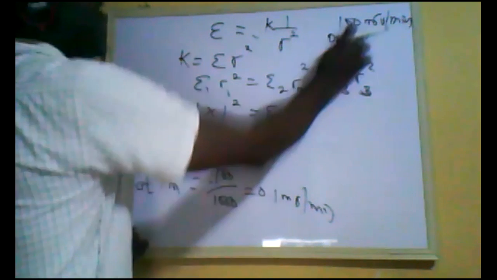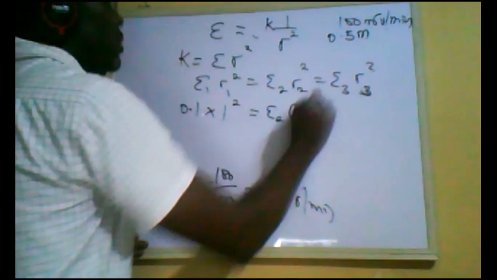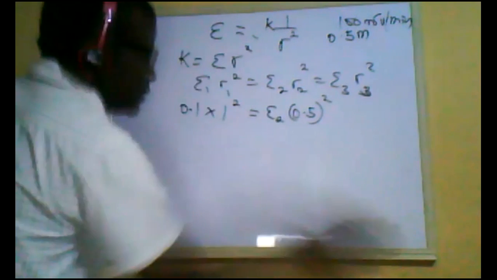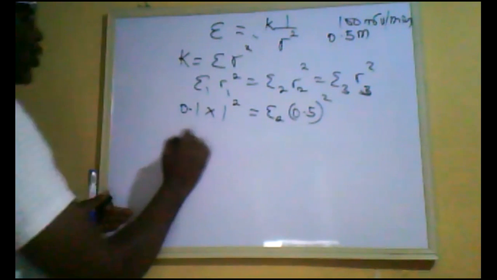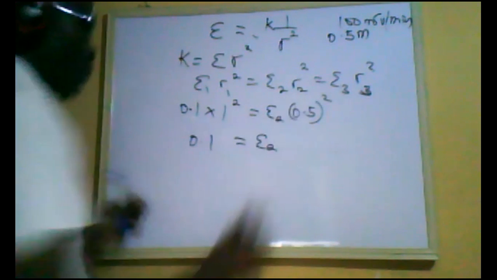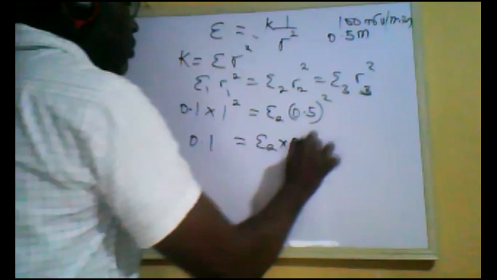E2 multiplied by the distance, which is 0.5 squared, which is 0.25.